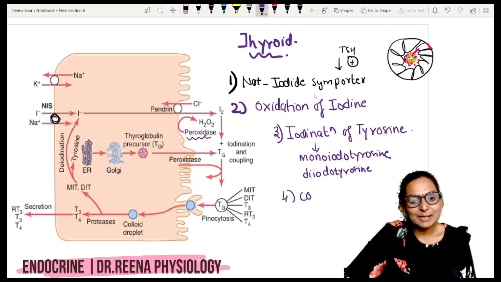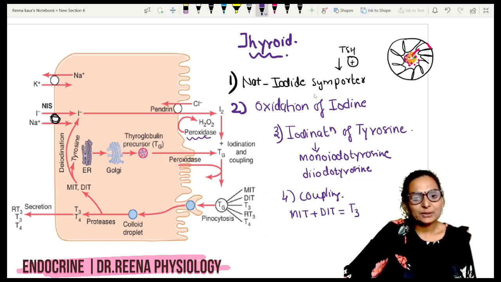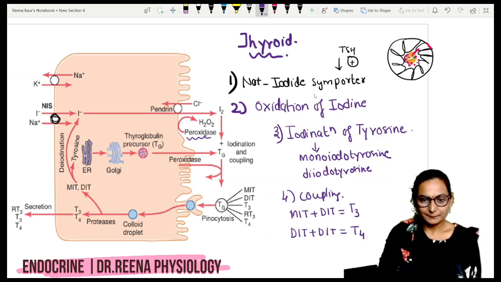Then the fourth step will be coupling. What is coupling? Monoiodotyrosine will combine with diiodotyrosine to form T3, triiodothyronine, and DIT will couple with DIT to form T4, that is your thyroxine.